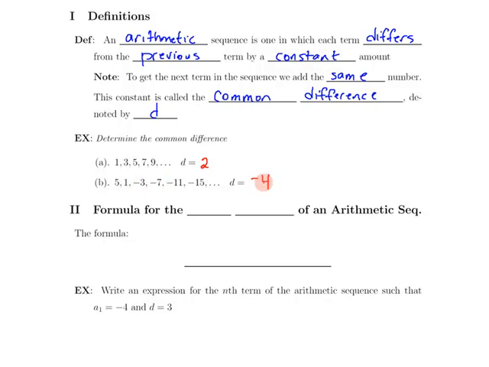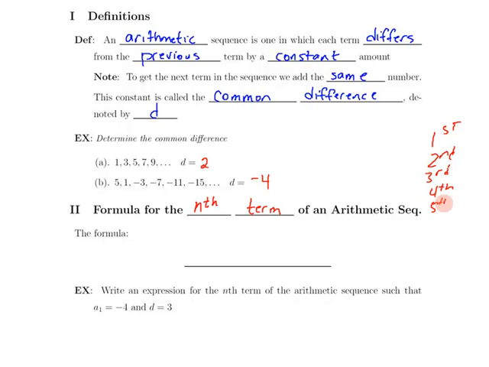Now we have a formula for the general nth term of an arithmetic sequence. And just so you know, whenever I use that terminology, nth term is just a way of saying the general term for the place, the n position in that sequence, right? So first would be, we write first as first, second, third, but after that they're all written with a th, right?